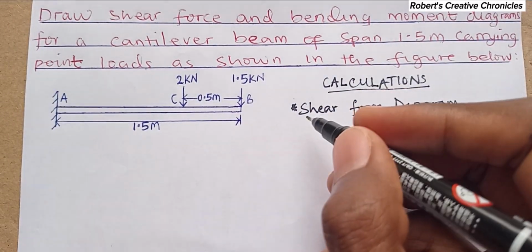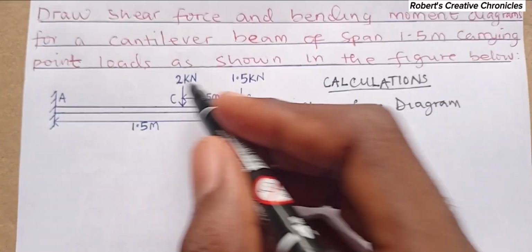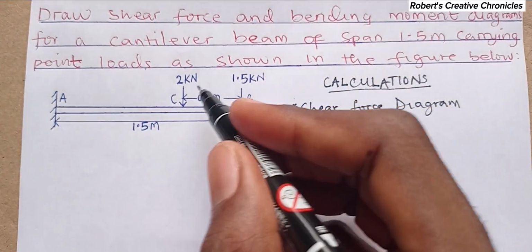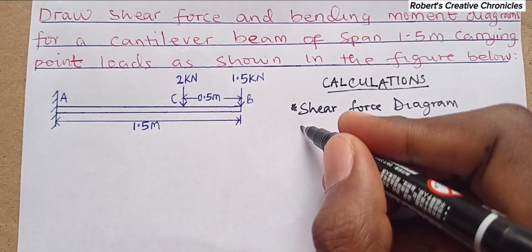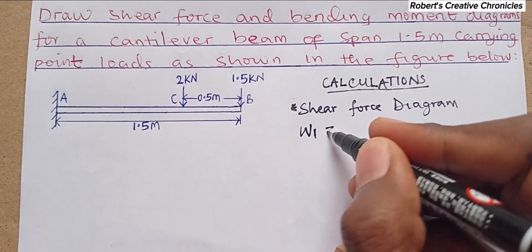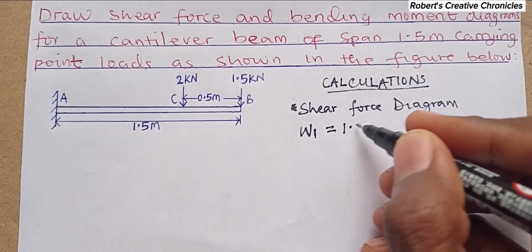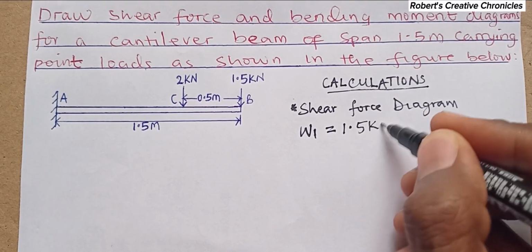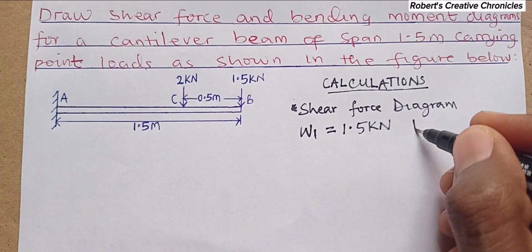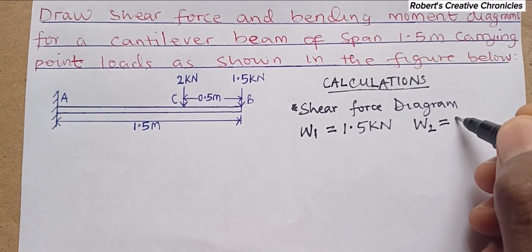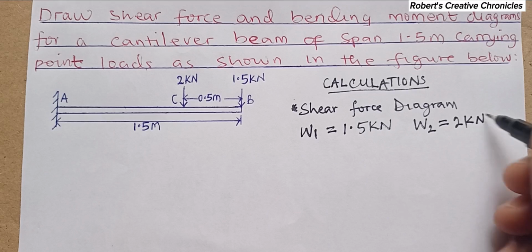But first, I want you to know that there are 2 weights, there are 2 point loads. So let's say W1 to represent the first point load, which is 1.5 kilonewton, and W2 to represent our second point load, which is 2 kilonewton.